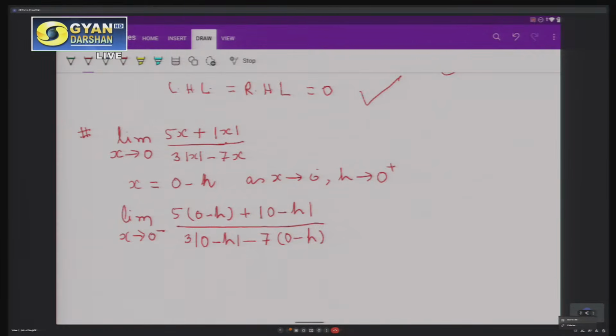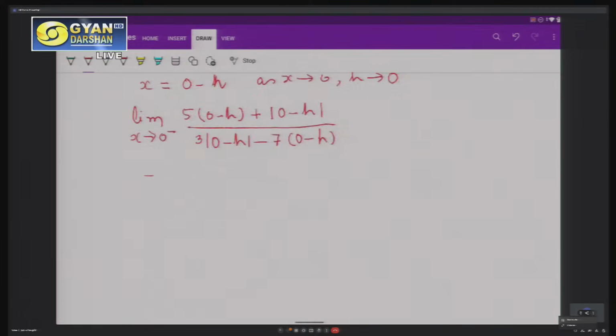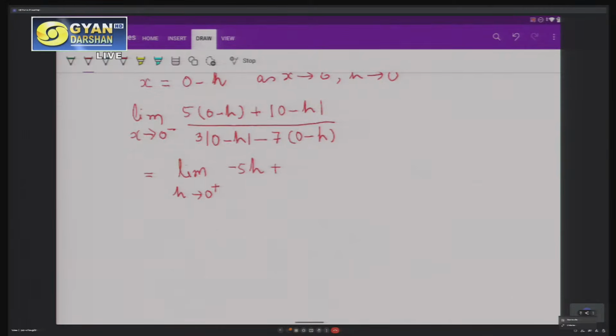So it will be equal to limit h tends to 0 plus, and this will be minus 5h plus mod of minus h will be plus h, divided by mod of minus h will be plus h here, so it will be 3h here, minus minus plus, so this will become plus 7h.